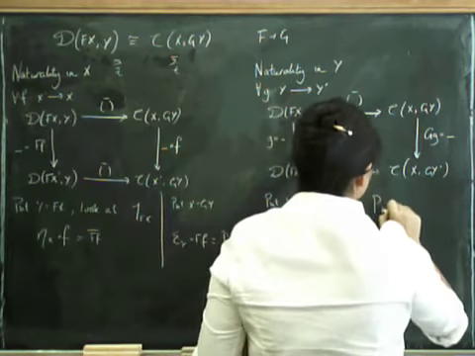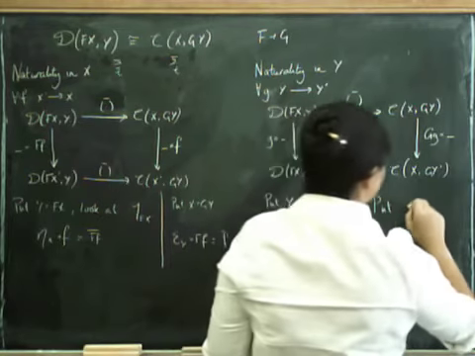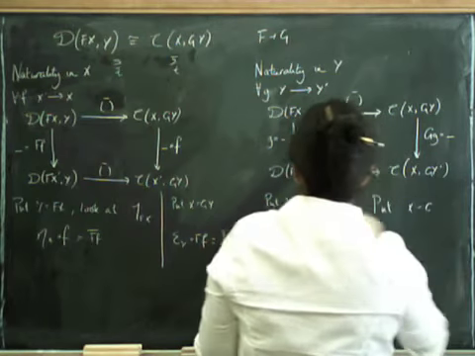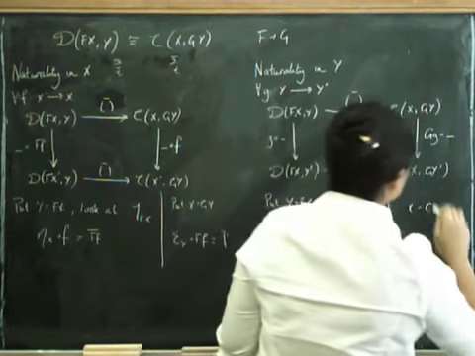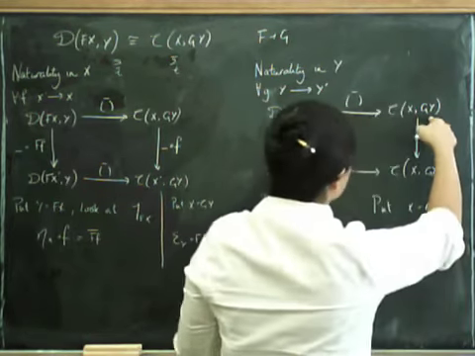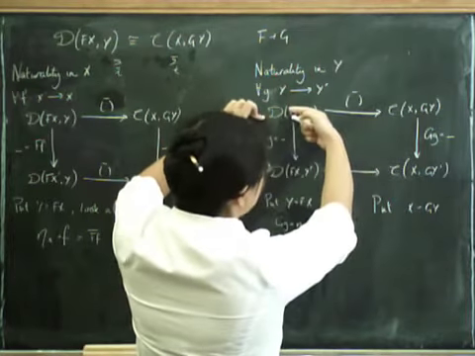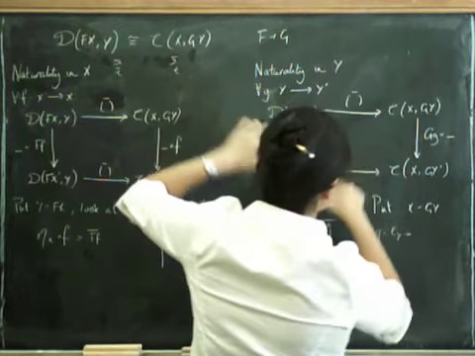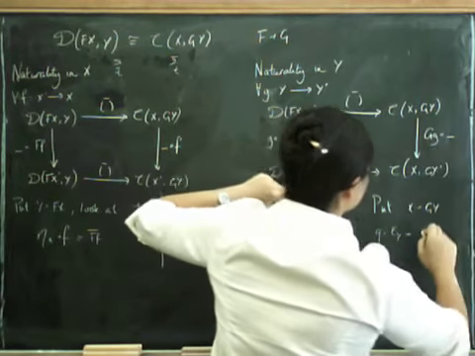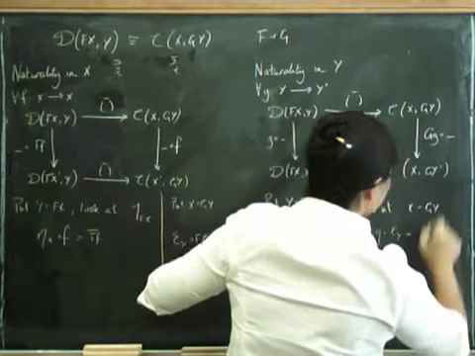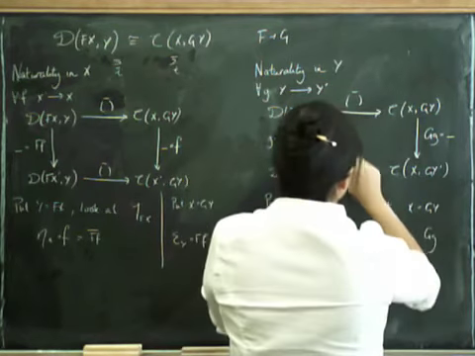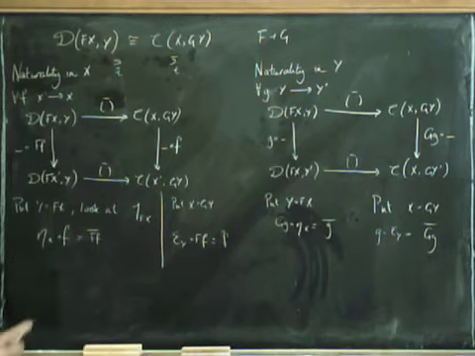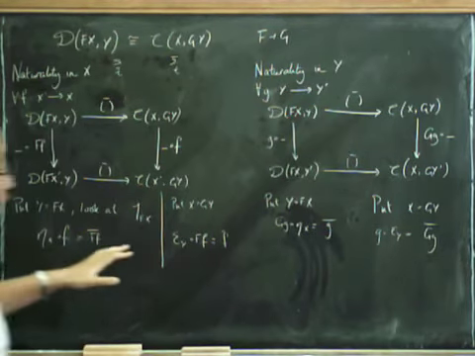Alternatively, we can start over here and go this way around the square, and we can put x equals g of y and look at the identity on g of y. We transpose to get epsilon of y, and so here we have g composed with epsilon of y is equal to, coming down this way, g of g composed with the identity, so that's g of g, and then we come over here and transpose. So those are the four important equations that we get out of these two naturality squares involving eta and epsilon.